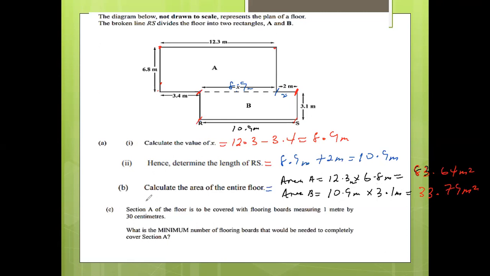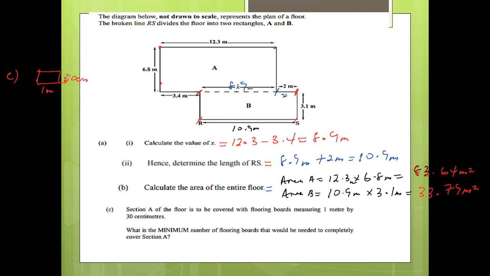Now, we've done the A part and the B, right? Now, can we enter the next section? Section A is to be covered with flooring boards 1 meter by 30 centimeters. So I'm doing it here, right? See here, section A, the flooring board is 1 meter by what? 30 centimeters.